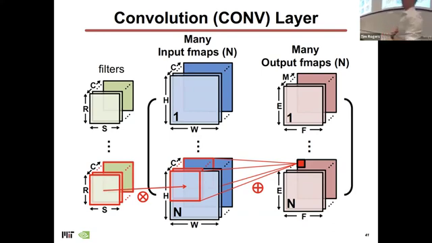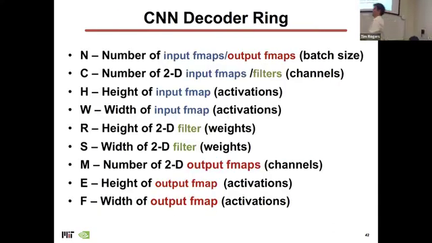Make sense? Probably not. But anyway, here's the decoder ring of what all of these letters mean, because you will see reference to these letters a lot. If you dig around any library that constructs neural networks, they will refer to NHWC, using these letters to refer to particular dimensions.